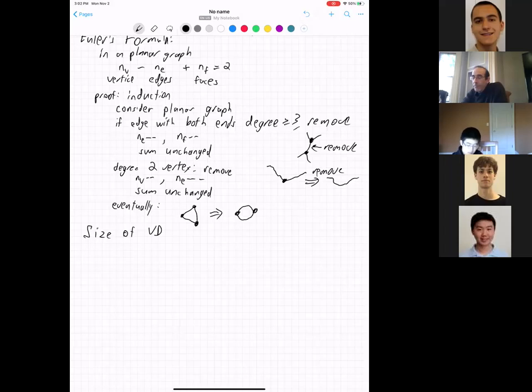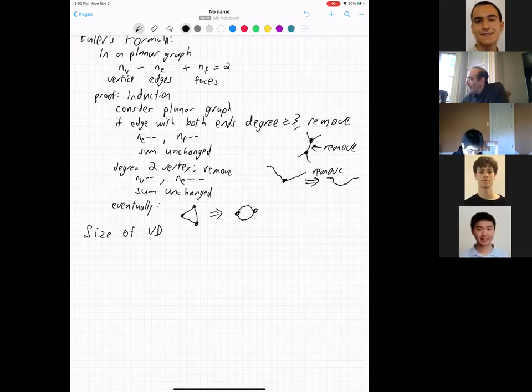Okay, but what if we have a number of degree 3 vertices that are not connected to each other so that we can apply this? No, but that's the point. If there are no degree 2 vertices, then everything that's left... Notice that I ignored here the fact that you can have a planar graph with degree 1 vertices as well.